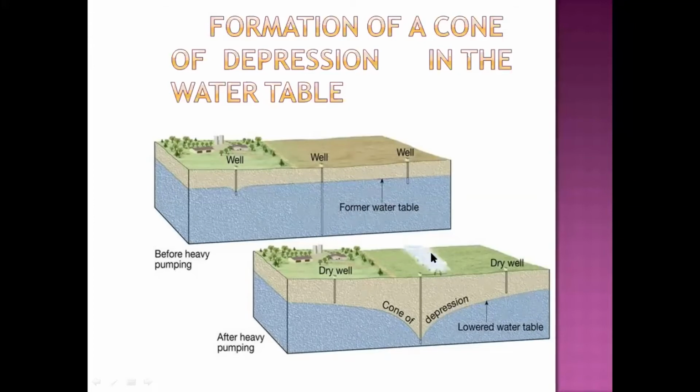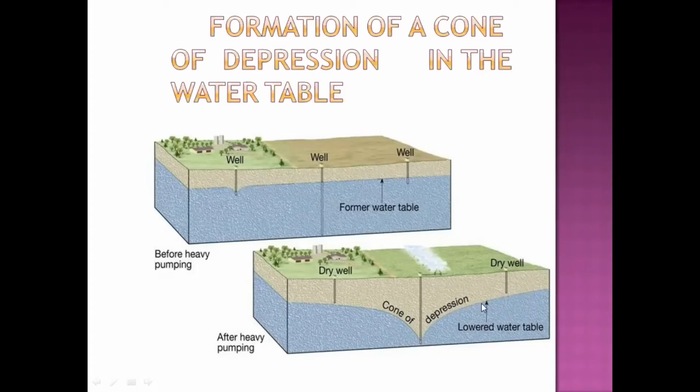or maybe we supply it to develop a new area, just like the development authorities in different parts of the world. So you can see that as a result of heavy pumping, these wells that are located shallow become dry, and these wells that are located deep, they make the water table low.